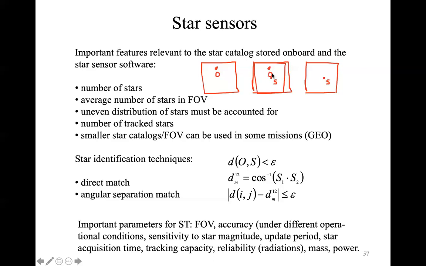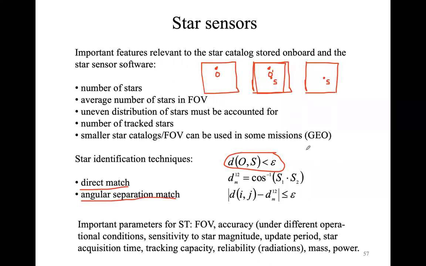So this O is not really O, but it would be, for example, an O prime. Okay, so it is another star. So you are comparing two stars that are not exactly the same. So this method indeed can provide significant errors. The best method that you can use is the angular separation match.